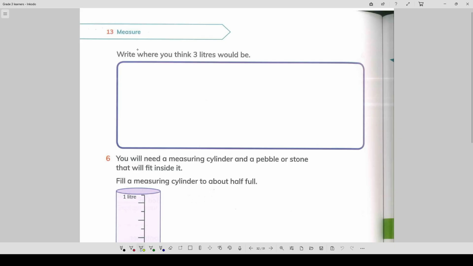Now look, write where you think 3 liters would be. 3 liters means what? We know 1 liter equals 1000 ml. It means 3 liters is 1000 times 3, which is 3000 ml.